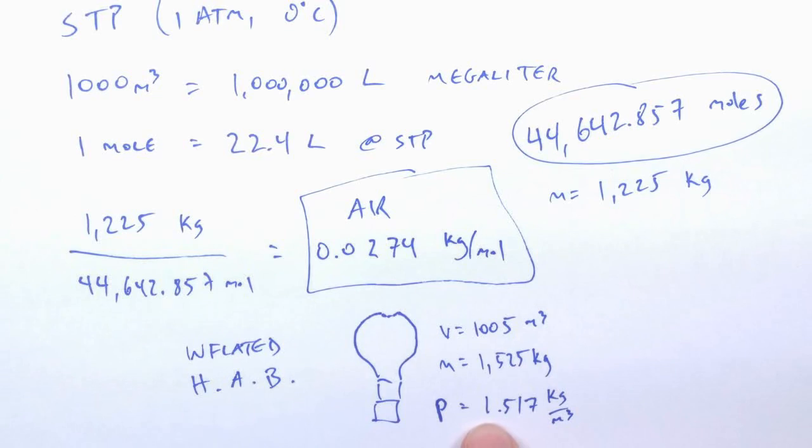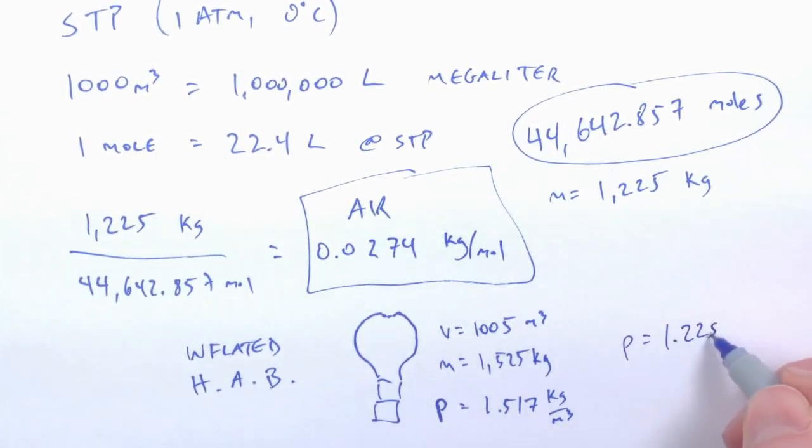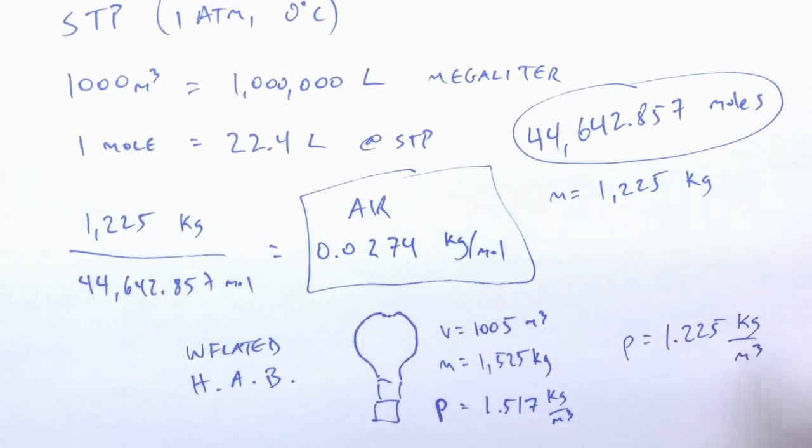We need to make this density equal to the density of air. Clearly, the density of the inflated hot air balloon is greater than the density of the air, so it will just fall down.